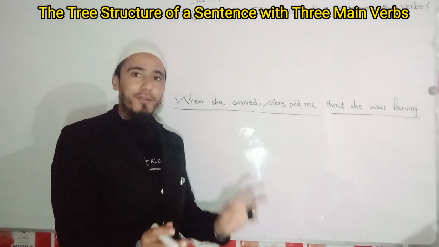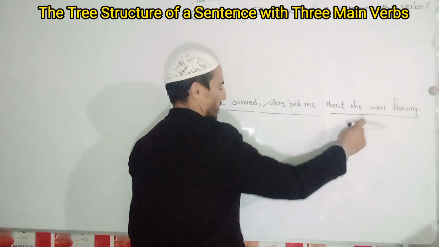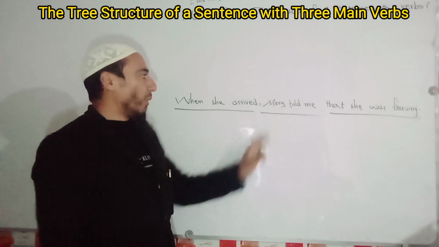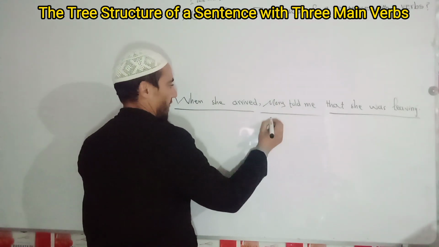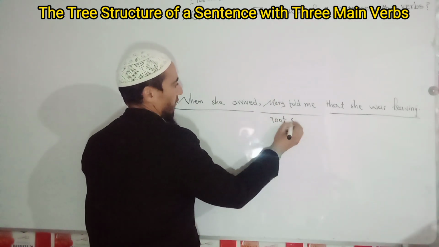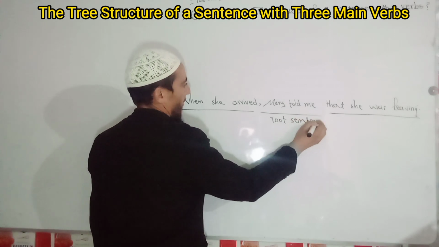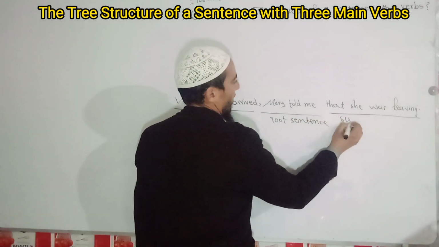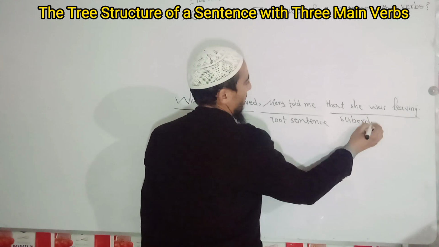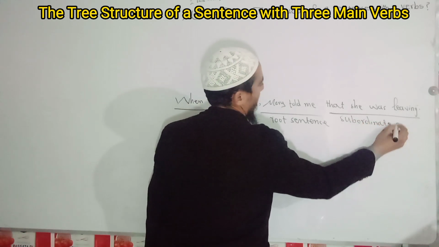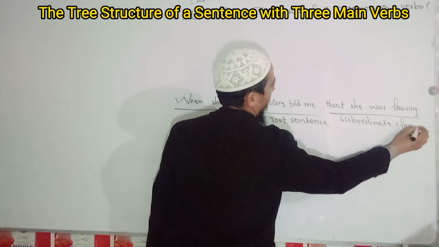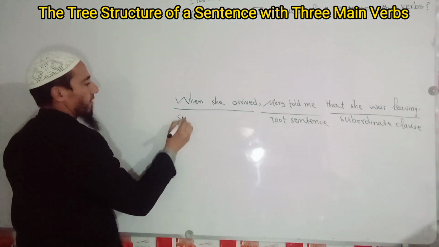So the first one and the last one are subordinate clauses, while this one is the root sentence. Let me write it: root sentence, subordinate clause, and then also subordinate clause.